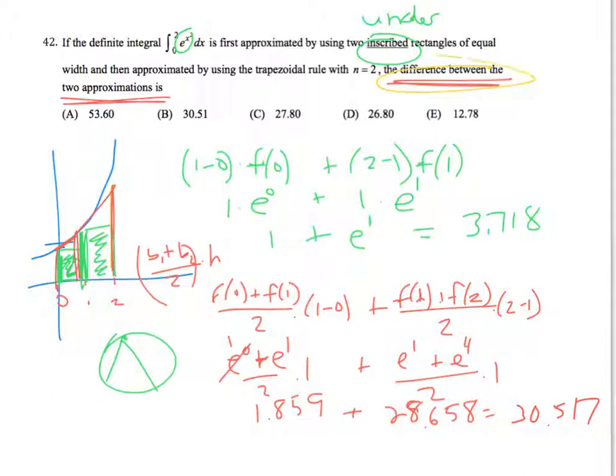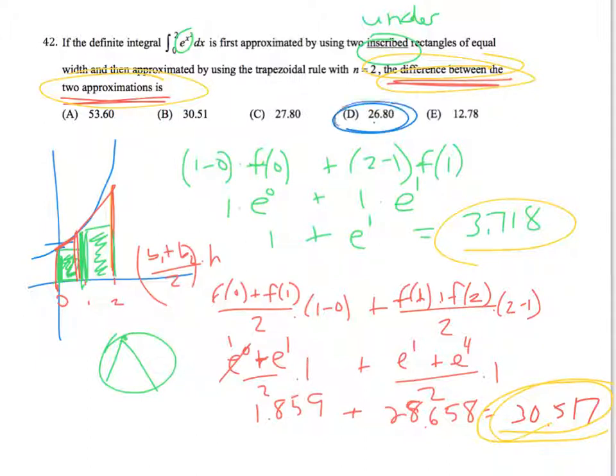Remember, I made you circle, underline this at the beginning, the difference between the two. So I'm taking the difference between 30.517 and 3.718. And that's giving me 26.799, or 26.80 when I'm rounding to 2 decimal places, which is weird that they're doing 2 decimal places because I know I told you normally 3, but hey, that's what the question is doing this time. So 26.80 is my answer.